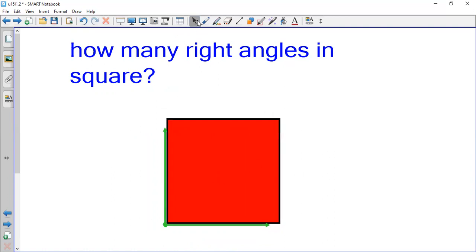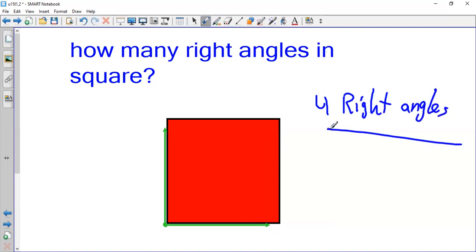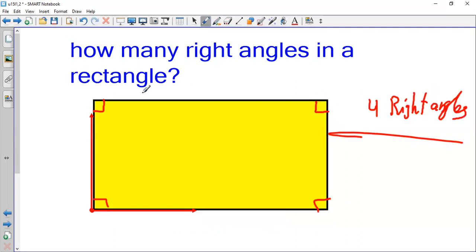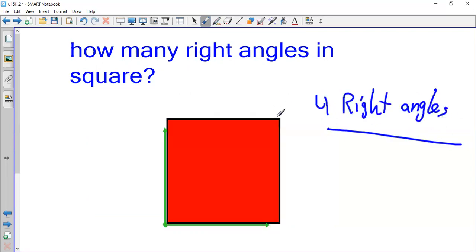So in the square, I can say that the square has four right angles. So the rectangle has four right angles, the square has four right angles.